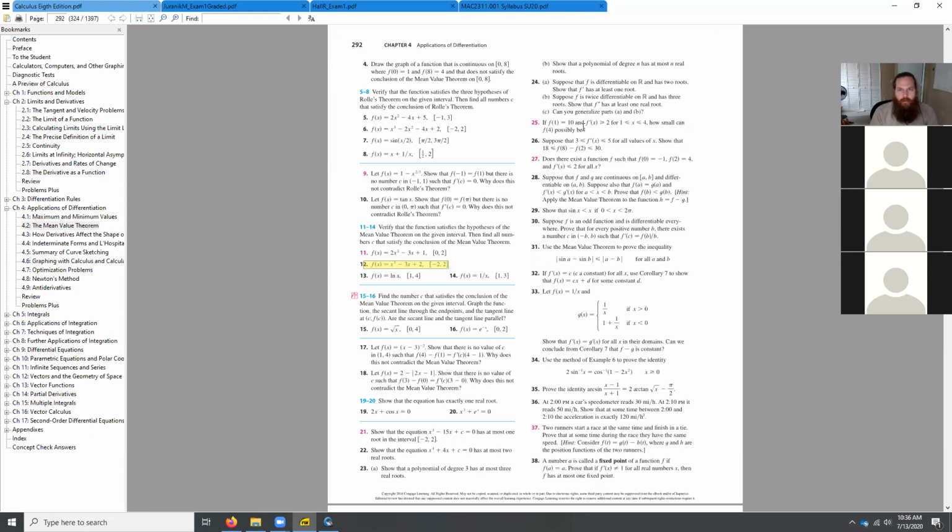Okay, suppose f of 1 is 10 and f prime is greater than or equal to 2. How small can f of 4 be? So number 25 here is fun. I'm going to copy this down and then we'll take a look at that.